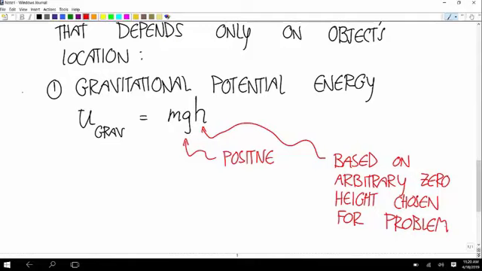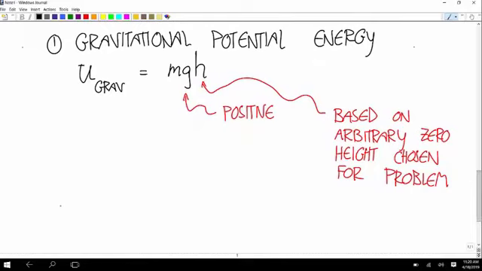Okay. And for springs, oh, and I said that the potential energy function depends only on the object's position. In this case, that height is what tells us about the object's position.